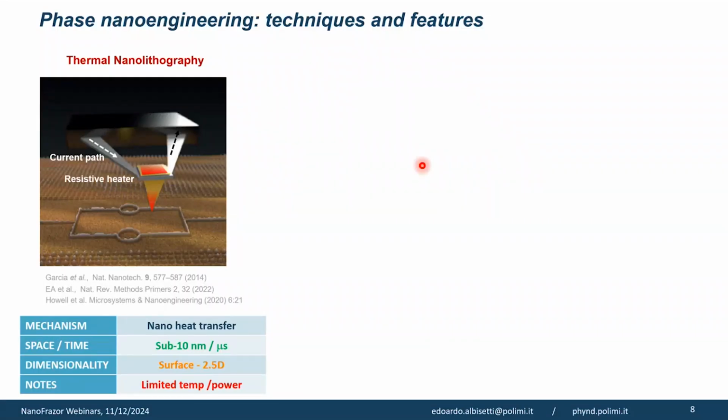Of course, especially for phase nanoengineering, I know that for the resist this is not the case, but for our application, the biggest limitation is the limited temperature that we can reach. Especially in contact with a material that may be a metal, so it dissipates heat really well. So the actual interface temperature between the tip and the material is usually quite lower than what the calibration curve shows.